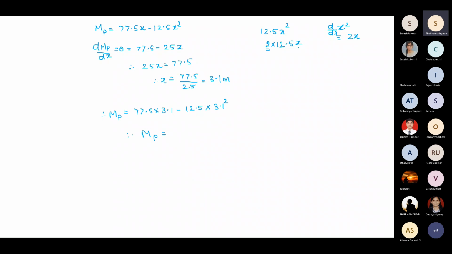Yes sir, got it. MP equals 120.125, that is 120.13 kilonewton meter.